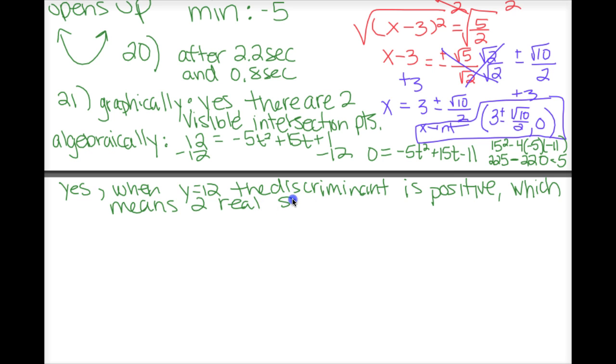Now again, you don't have to do it this way. You could actually put the 12 in and solve the whole thing for t and say, yes, I got answers that would make sense in a real life situation. So that would be another way to approach that particular problem.